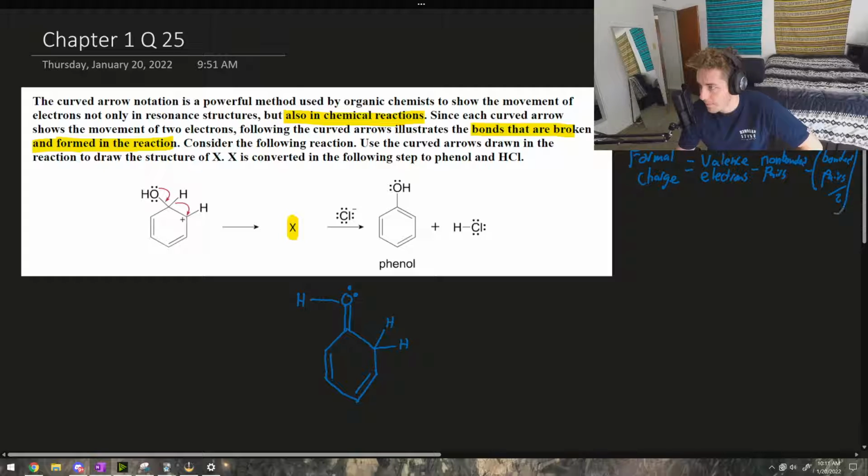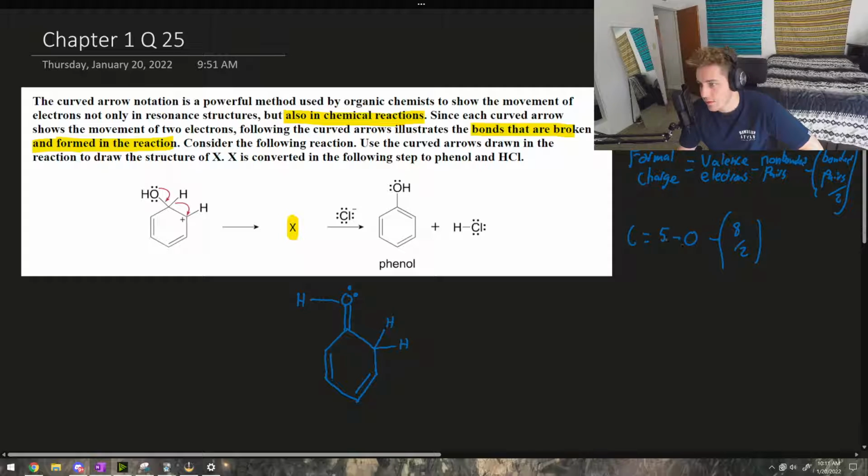These are parentheses. That is the formal charge equation. If we run that off of the C here, formal charge of C equals valence electrons of C. We can get that from the periodic table, we know as 5. 5 minus non-bonded pairs. This C has 0. Perfect. Minus bonded pairs, it has 1, 2, 3, 4, and there's always 2 electrons in each pair, so that's 8. 8 divided by 2.